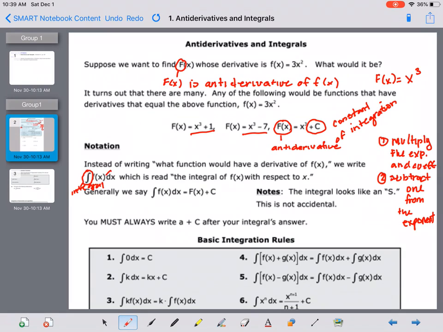Now this piece, that dx, is part of our derivative process. Remember, we get dy dx. We wind up separating these two and adding our dx to our function. But that dx is pretty important because, just like in our derivative process, this told us what our independent variable was, what variable was changing in our process. The same thing goes for this.